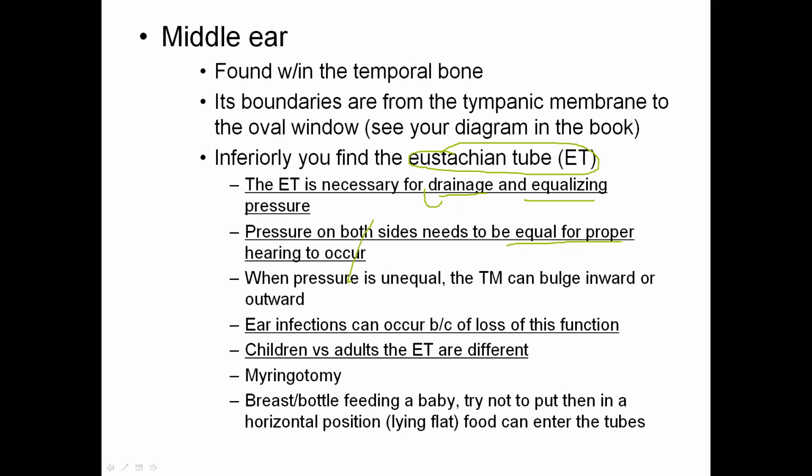If there's abnormal pressure, you get unequal pressure, and the eardrum or tympanic membrane can bulge funny. It can bulge either inward or outward.